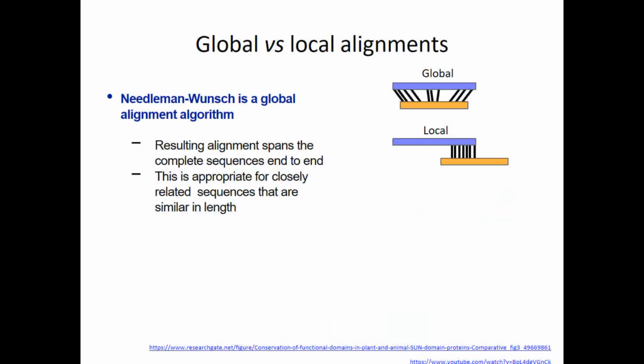As mentioned earlier, the Needleman-Wunsch algorithm can find the optimal alignment that spans the complete sequences end to end. This is appropriate for closely related sequences that are similar in length, and it has been widely used in early comparison analysis of proteins. However, as more and more sequence data were generated, the algorithm encountered some problems.